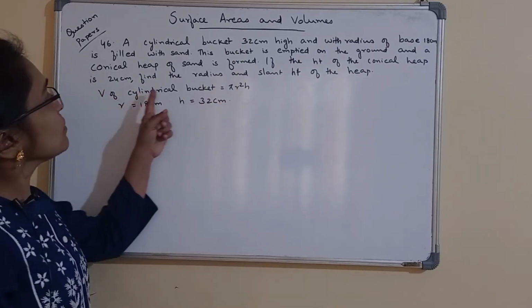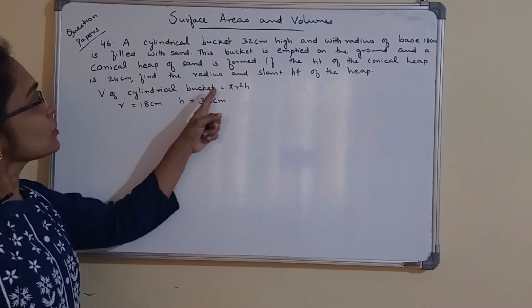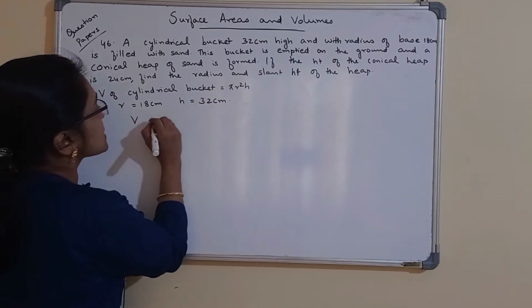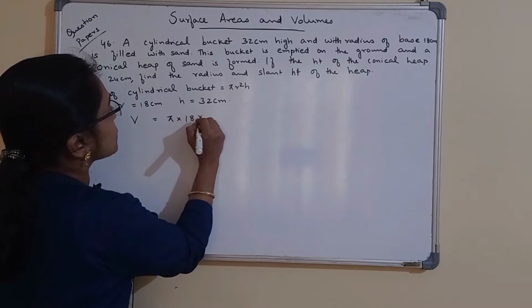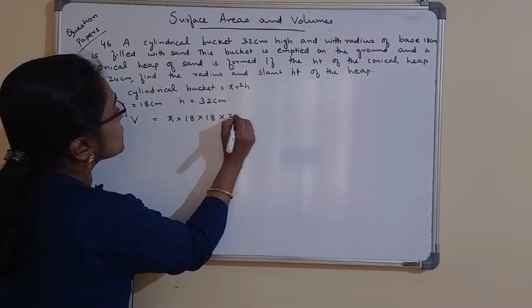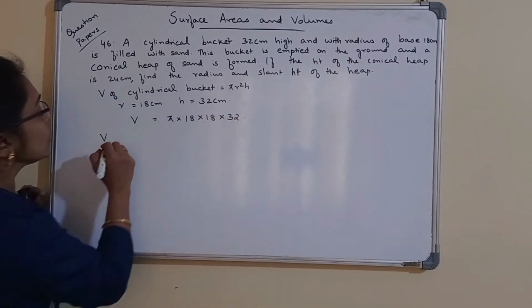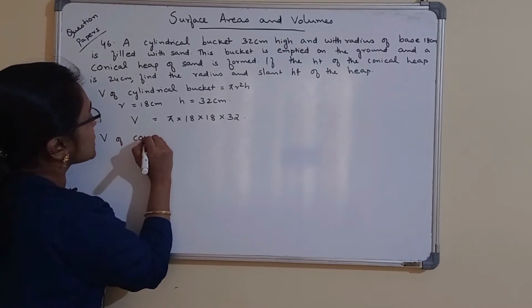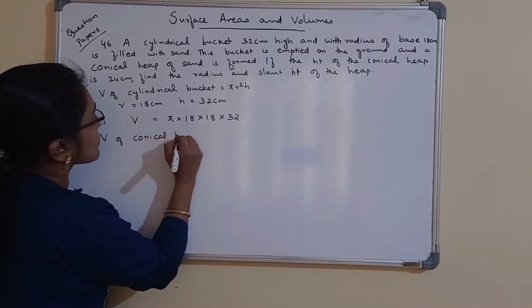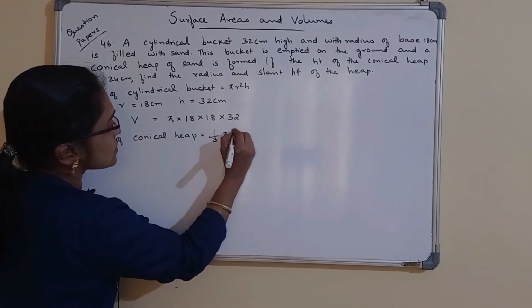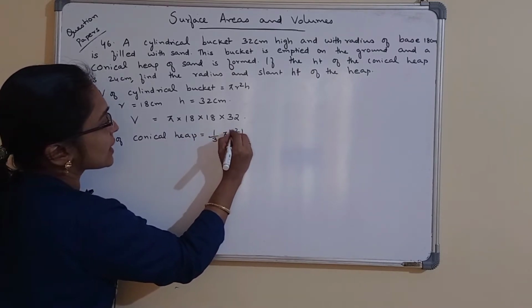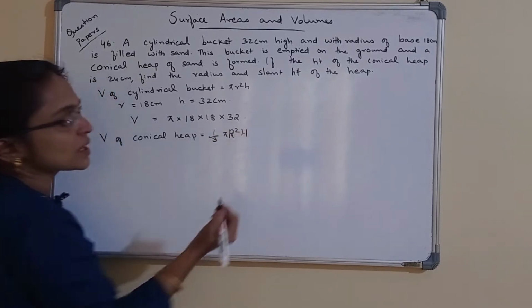So, volume of cylindrical bucket is equal to pi into r square, that is 18 into 18 into 32. Now, volume of conical heap is equal to 1 by 3 pi r square h. We can take capital R and capital H.